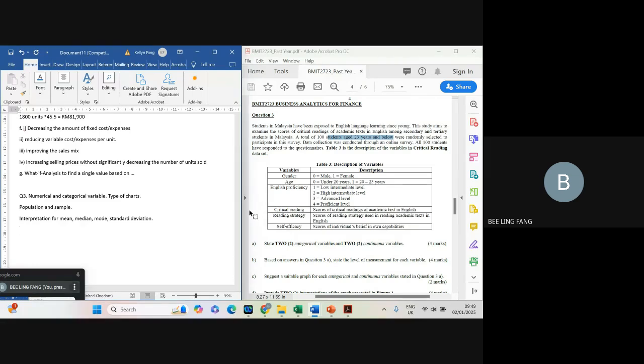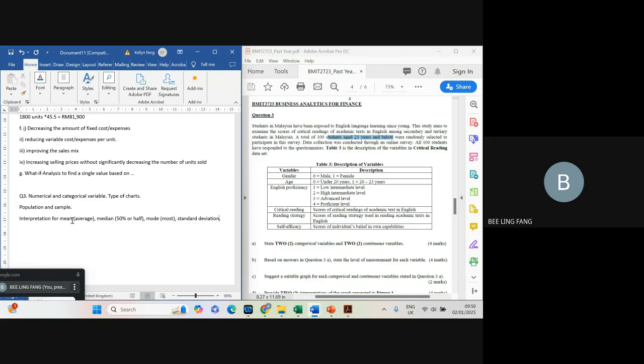Okay. So for the mean, you have to use the word average when you interpret, right? Median, you can say 50% or half, right? Half of the students have this value. So this is the highest or most.